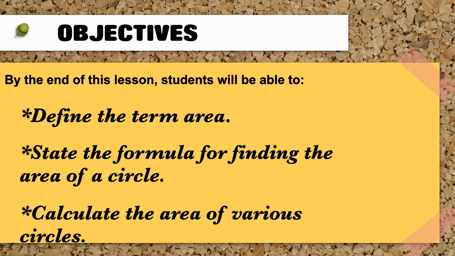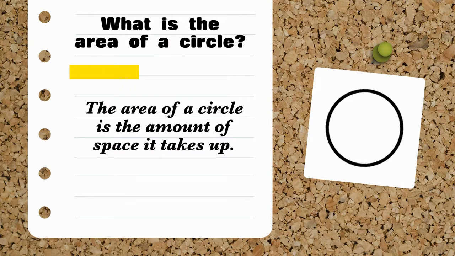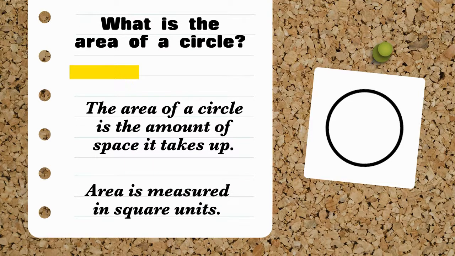Let's begin to find the area. First, we must ask ourselves, what is the area of a circle? Well, the area of a circle is the amount of space that it takes up. Area is measured in square units.